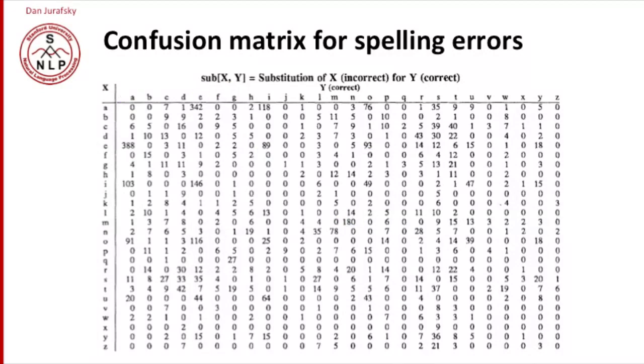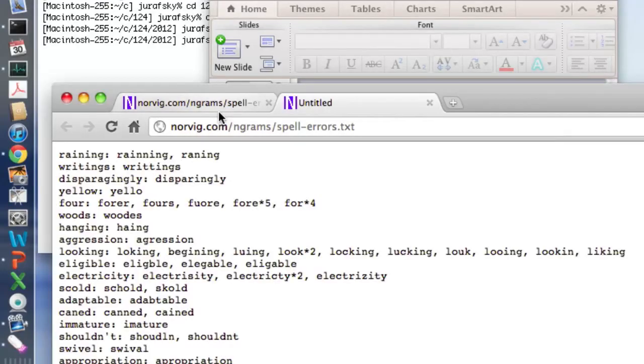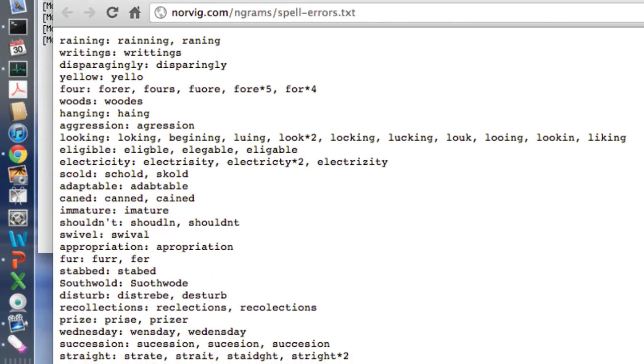Now I've shown you this table comes from Kernighan et al., but you could also generate the table yourself. So for example, Peter Norvig posts on his website a lovely list of errors. These are errors taken from Wikipedia and other places that he talks about on his website.